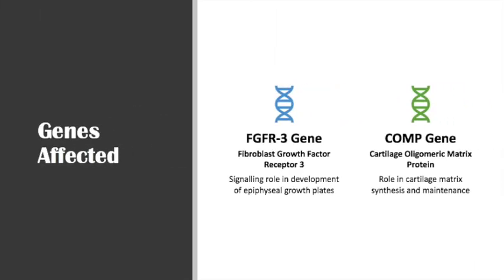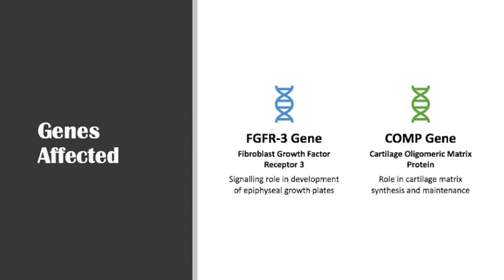The FGFR3 gene stands for fibroblast growth factor receptor. These receptors play a vital signaling role in the development of epithelial growth plates, which are responsible for lengthening of the bone. Mutation to these receptors prevents normal bone development, resulting in dwarfism.